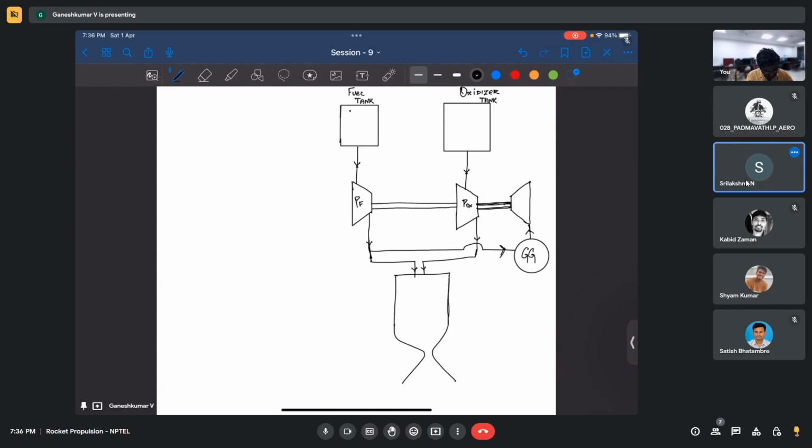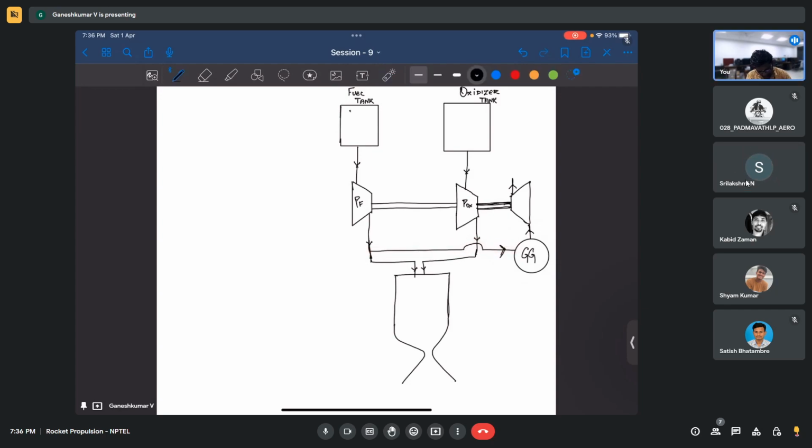It goes into the turbine, and then there are some gases going to come out of the turbine. So there is something missing with the gas generator itself. Is fuel enough for a gas generator to produce gas? No, oxidizer also.